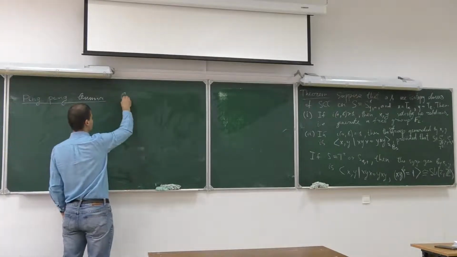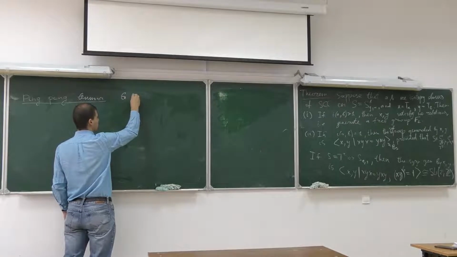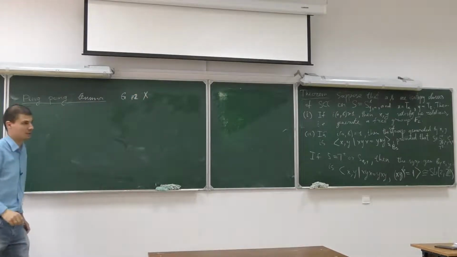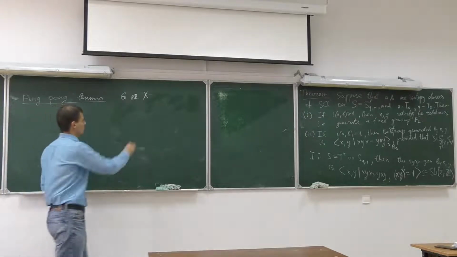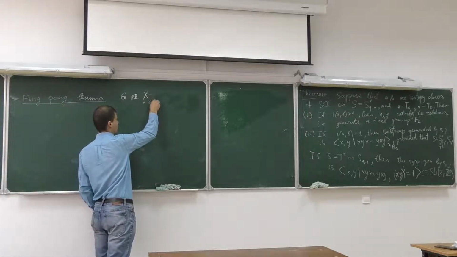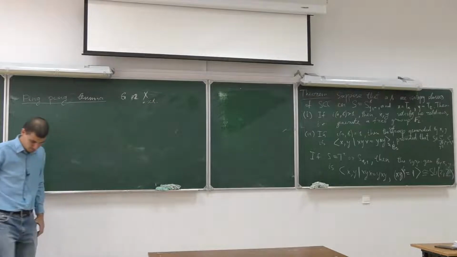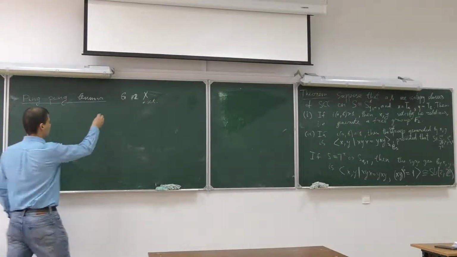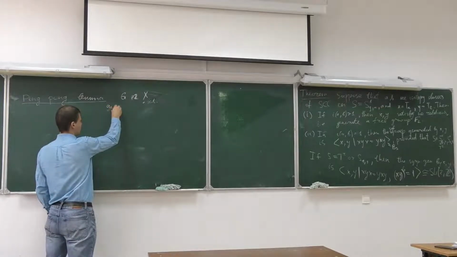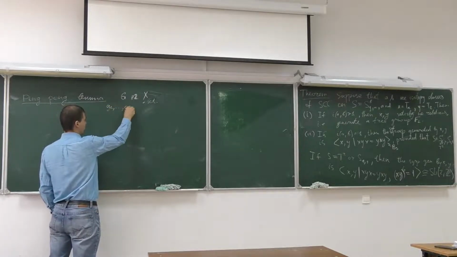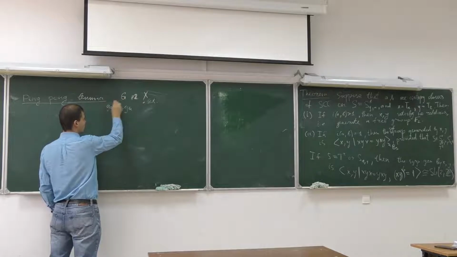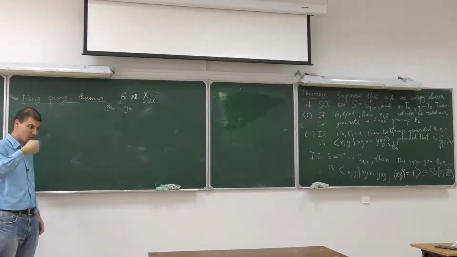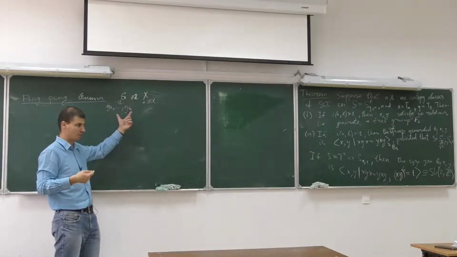So the group G acts on a set X. So this is just a set. And suppose that the following situation holds. We have k elements in the group, and we would like to prove that they generate a free subgroup.